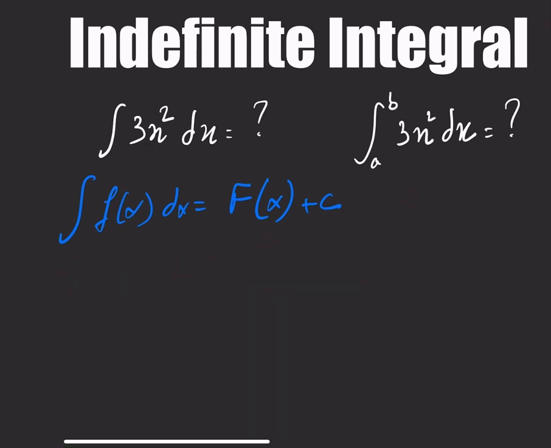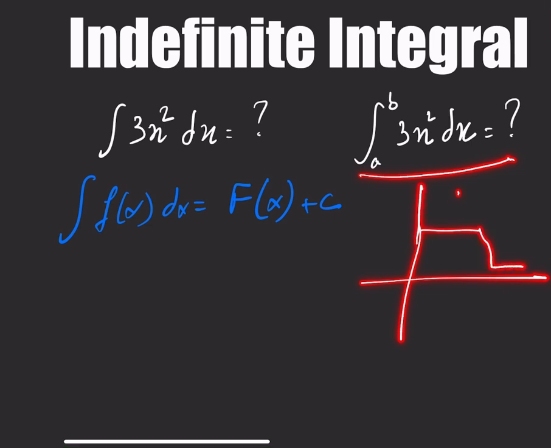The regular integral represents the accumulation of quantity, such as the area under a curve. If you have a curve like this, this is the integral. It has specific limits and results in a numerical value.